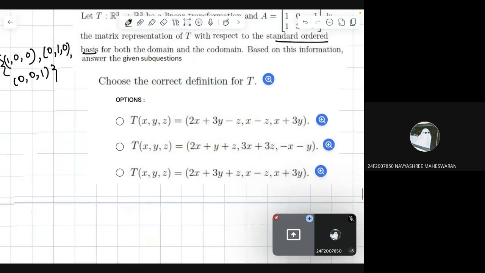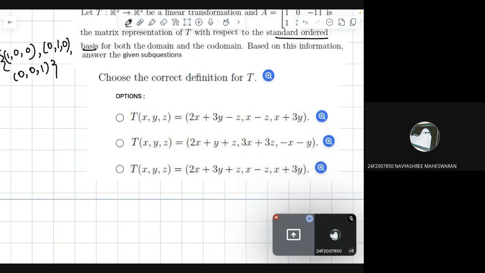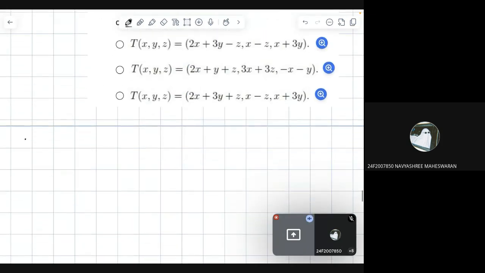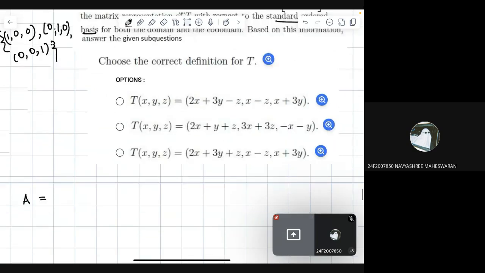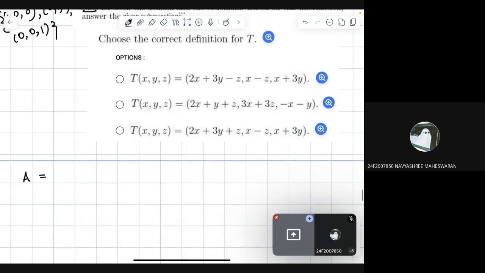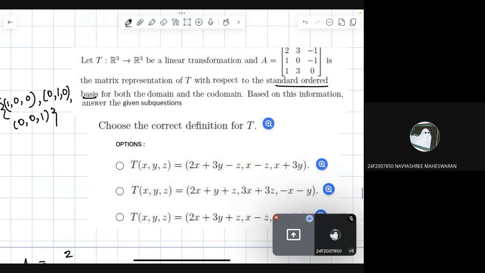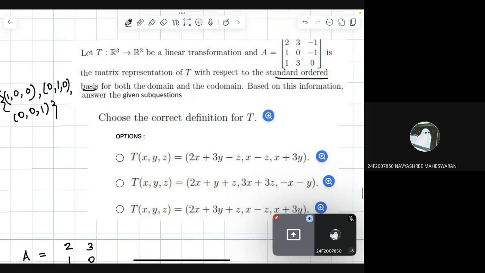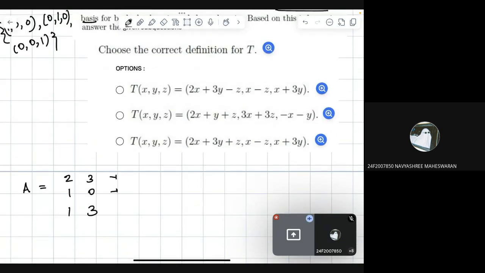Choose the correct definition for T. So see here that A is 2, 1, 1, 3, 0, 3, minus 1, minus 1, 0.